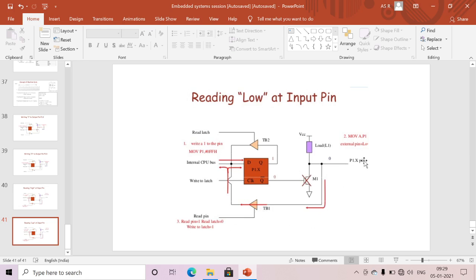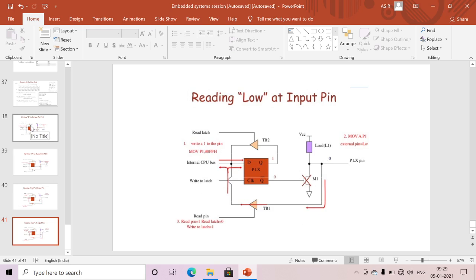Here, if I give an active low, I will get low here. The read pin is 1 means whatever the low voltage is will be fed back to the input. Whatever the 0 volts coming inside will be given to the CPU. This is the way we can use it for reading operations.